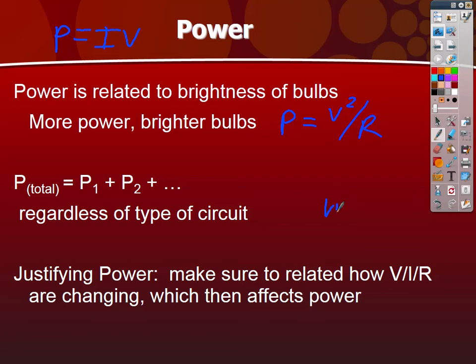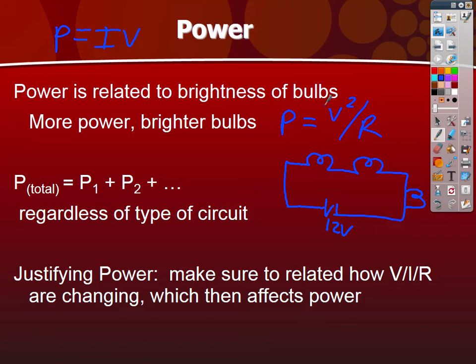If I have a series circuit, and then I add another bulb, well, the thing is, what happens to potential difference, voltage, in a series circuit? The voltage gets split up amongst all of them. So if I add another bulb, we're going to say, basically, the battery is staying the same. I didn't say I'm changing the battery, so it's still the same amount of voltage coming out from the battery, but now it has to be split up even more.